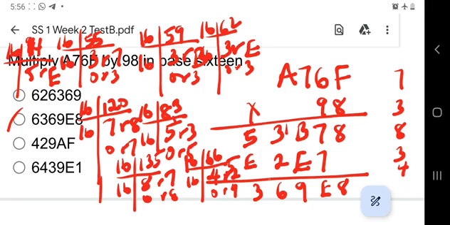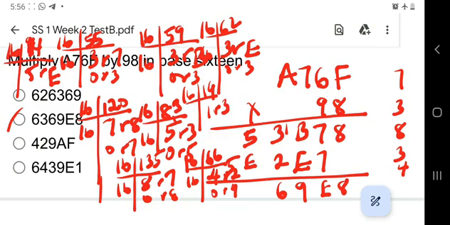No, sorry, excuse me for that. So 5 plus 14 is 19. So when you convert 19 to base 16, this is 1, remainder 3.